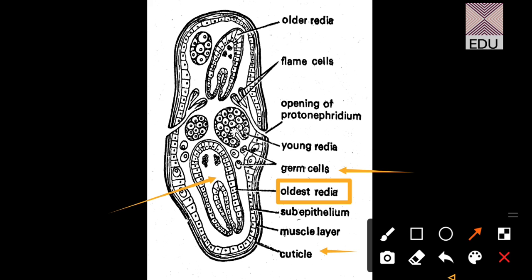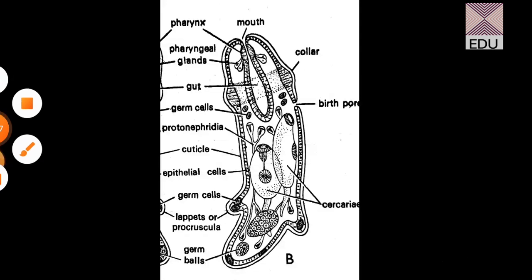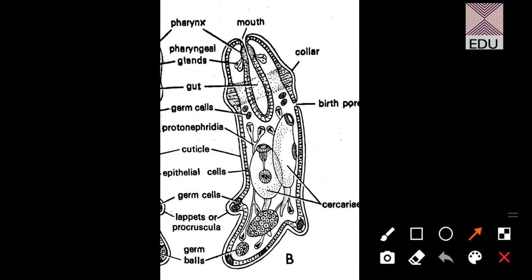Now we are going for the third larval form. This is one radia larva which is coming out of the sporocyst by the rupturing of the sporocyst wall. It is about 1.5 millimeter long, and it is also present inside the snail. It has a definite mouth, as you can see on the top.